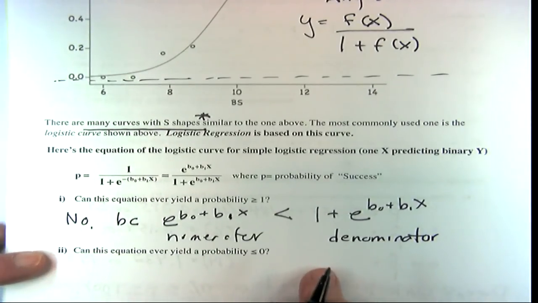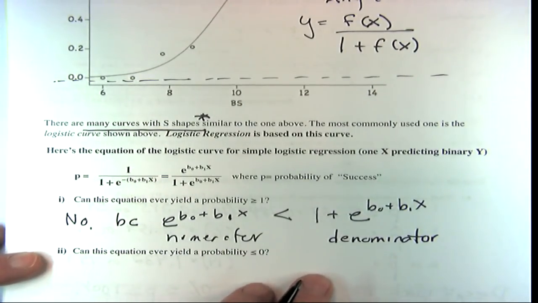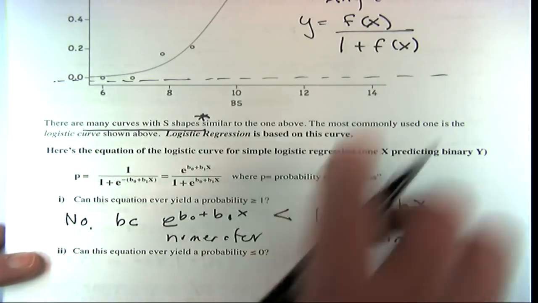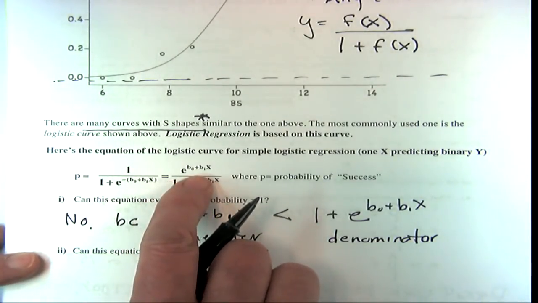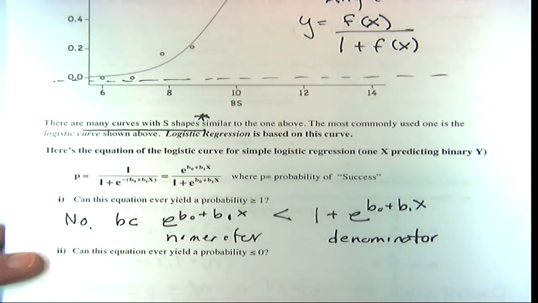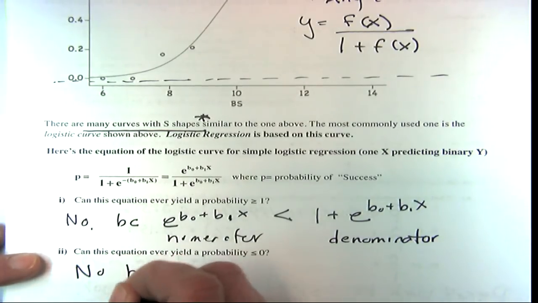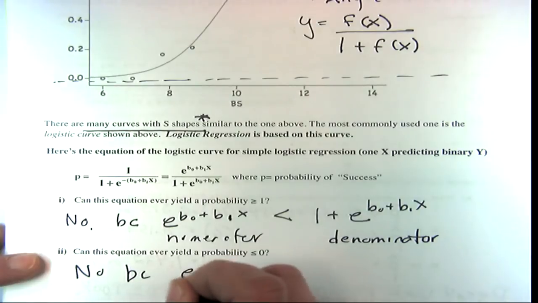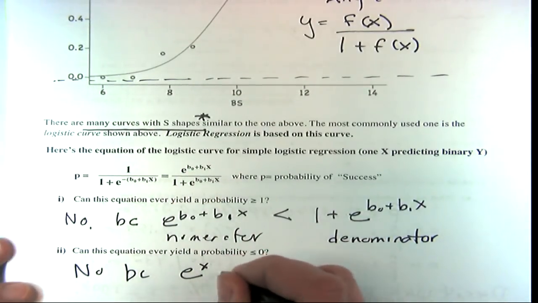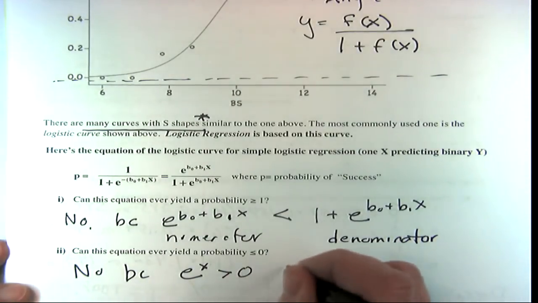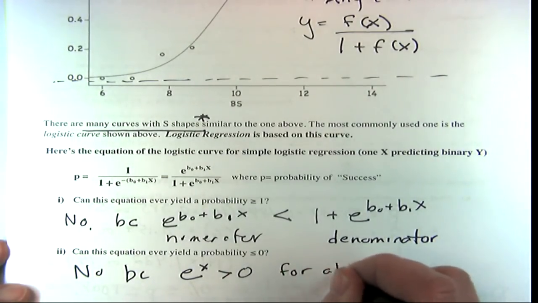Can it ever yield a probability less than or equal to 0? Can it ever be negative? No, because e raised to any power is always going to be greater than 0 for all x.